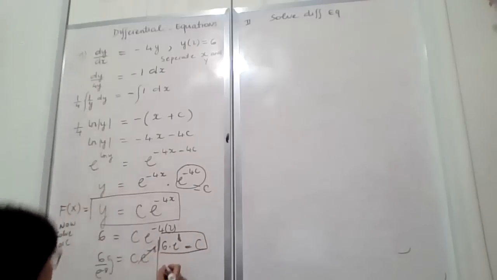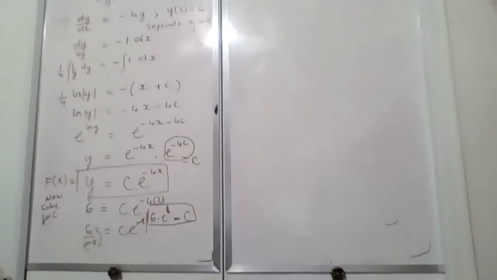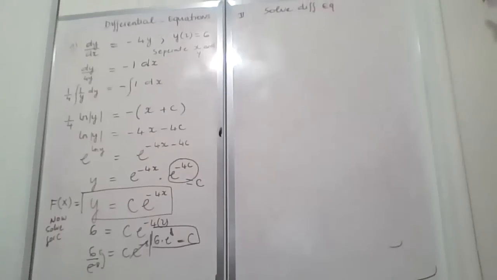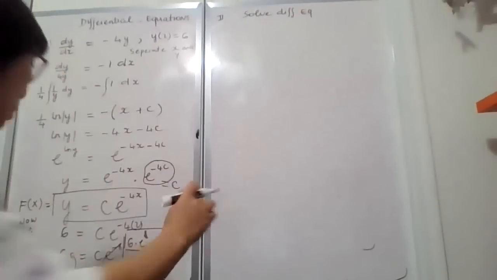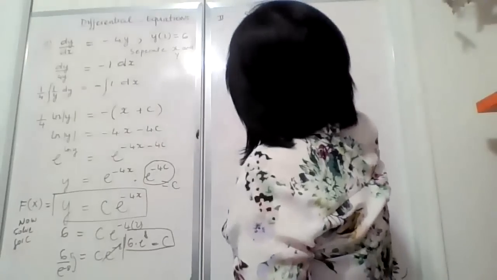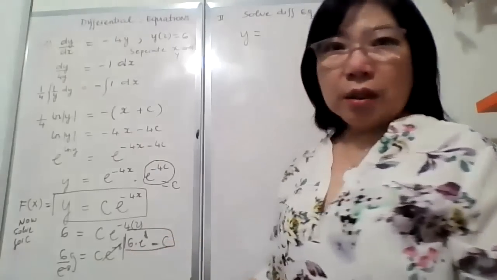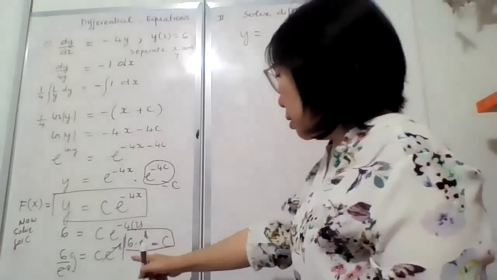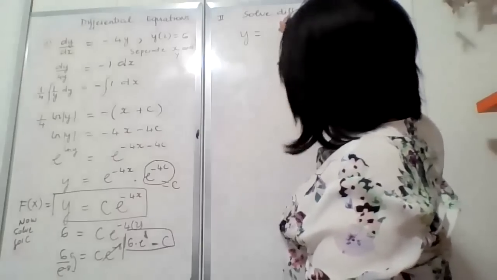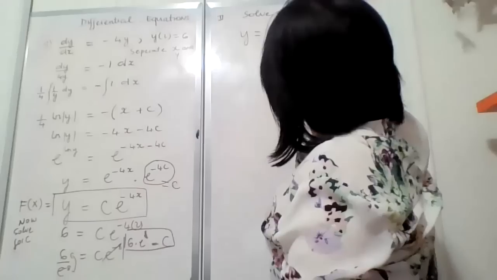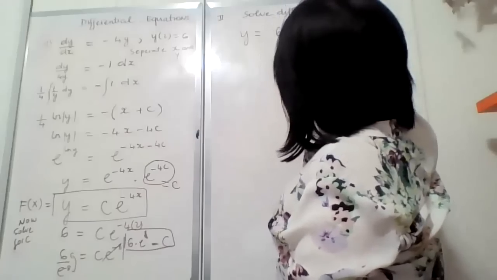Substitute back into this function. Know what? Let me go to the next bar. So simplify this. I have y equal, and you see it, right? y equals c, but we know c, right? c is 6 e to the power 8 times e to minus 4x, right?